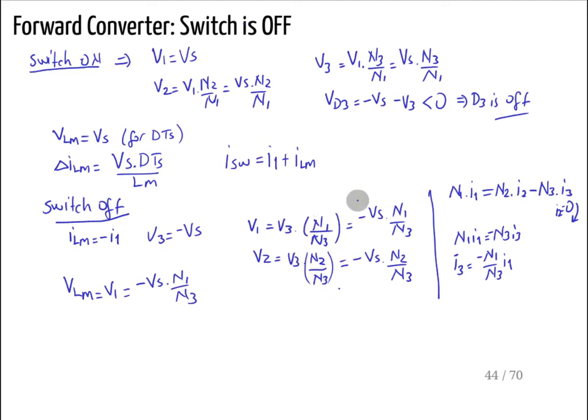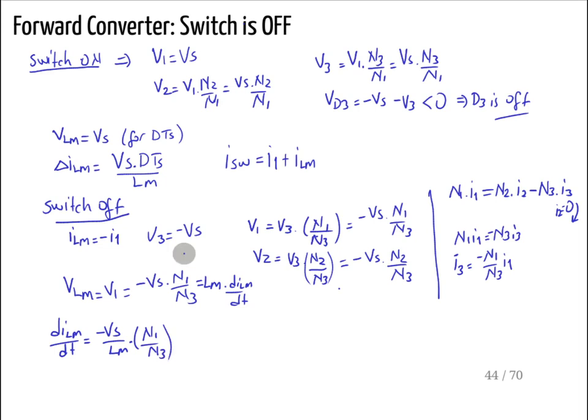I'm just using that, and that voltage is equal to Lm times dILm over dt. Or I can say the discharge rate of the inductance is minus Vs over Lm times N1 over N3.